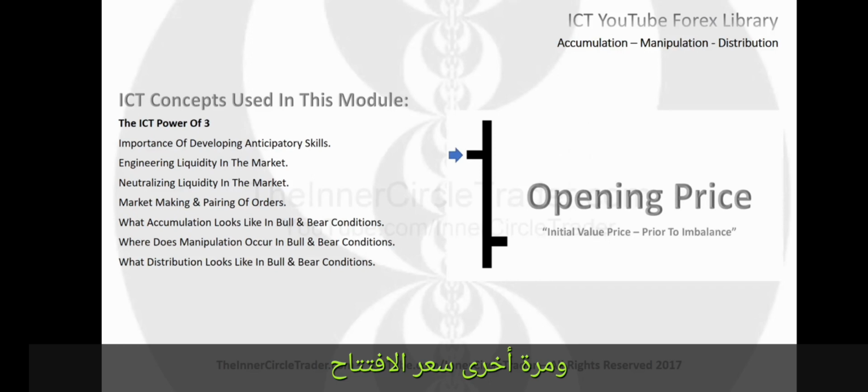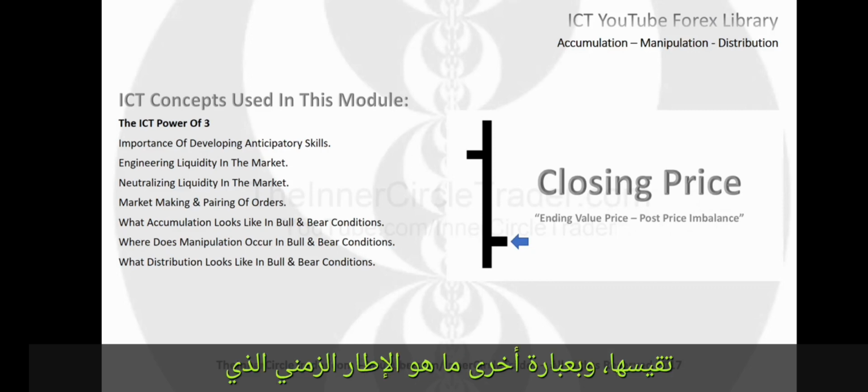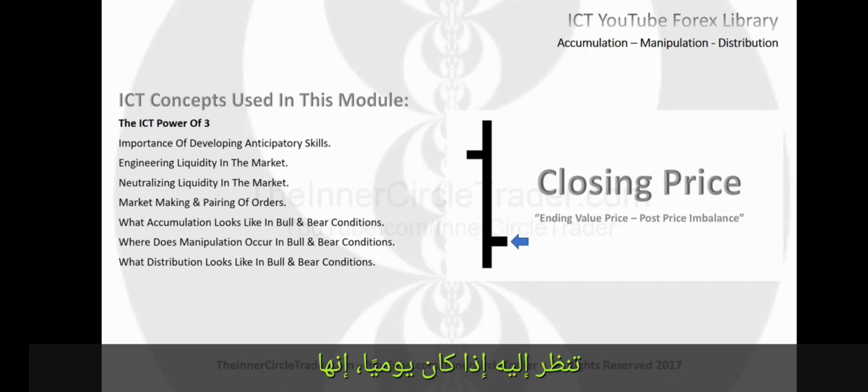And again, the opening price, much like we just said, but just for completeness' sake, it is the initial value price prior to any imbalance. The closing price is the ending value price of that time interval that you're measuring. In other words, what time frame you're looking at. If this is daily, it's the ending value for the daily range post, or after, the price imbalance.